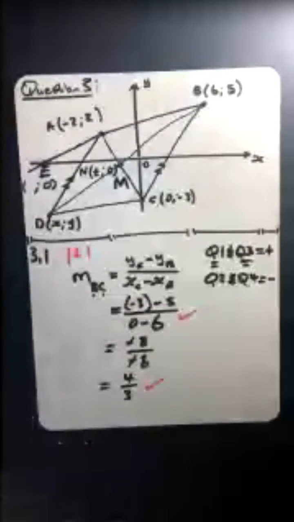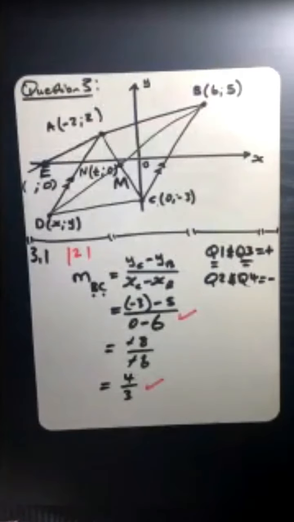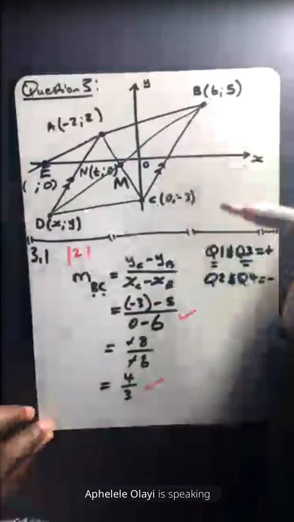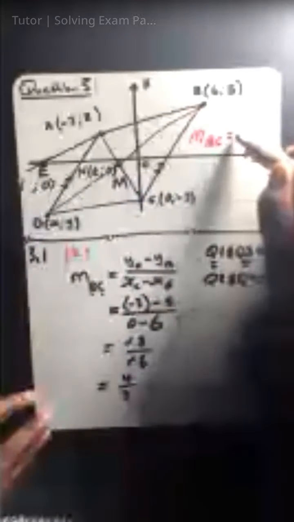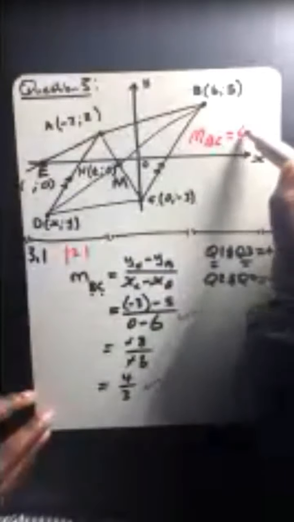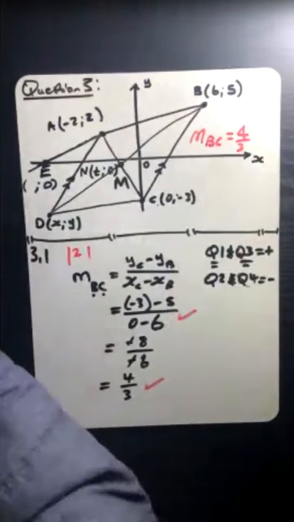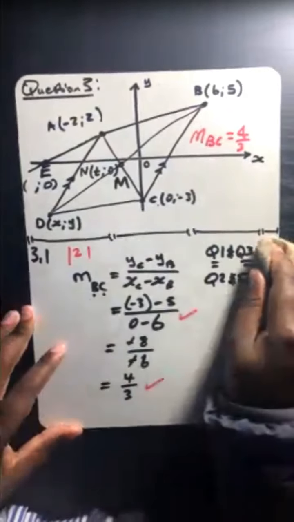Guys, are you all happy with that calculation? Did it make sense to everyone? Yes, sir. M of BC is equals to 4/3. Let's just write it there, guys, because I know somewhere I'm going to need it.